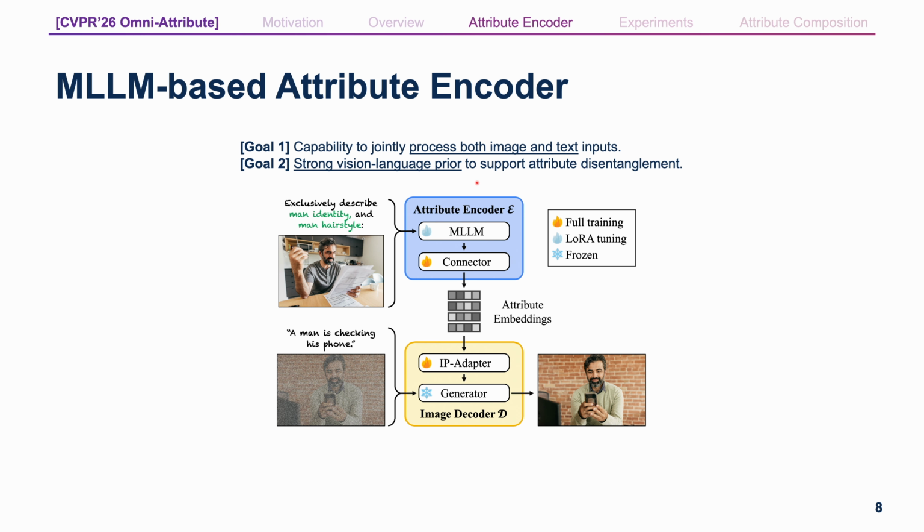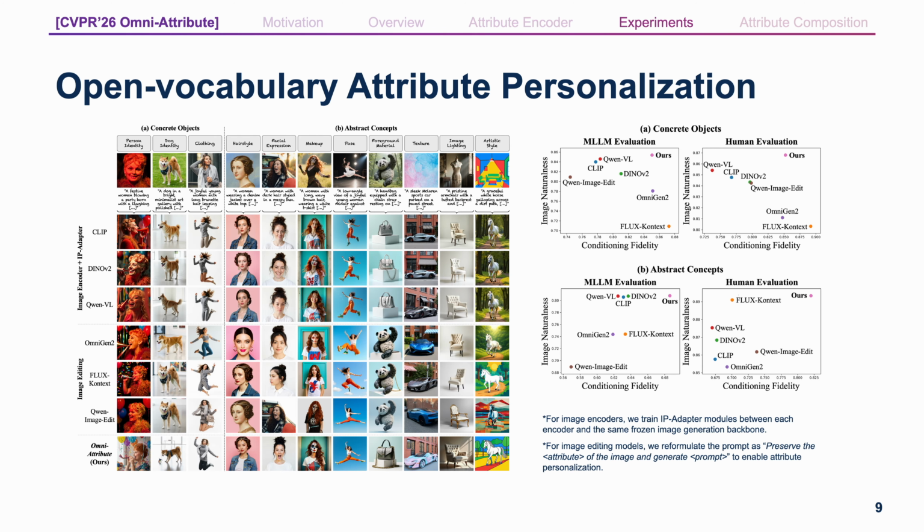To achieve both of them, our attribute encoder is an MLLM equipped with LoRA fine-tuning modules, followed by a fully trainable connector. Meanwhile, our decoder is a pre-trained and frozen image generator. We use Flux here, equipped with an IP adapter to enable attribute personalization. So that's how we built and trained our attribute encoder.